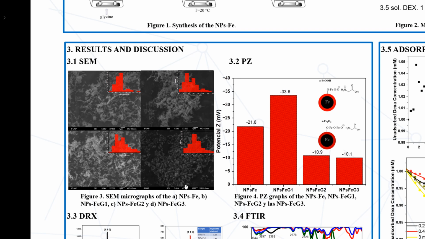The iron nanoparticles without glycine present an average particle diameter of 121 nanometers, while iron nanoparticles with glycine 1, 2, and 3 have average sizes of 115, 85, and 112 nanometers respectively.